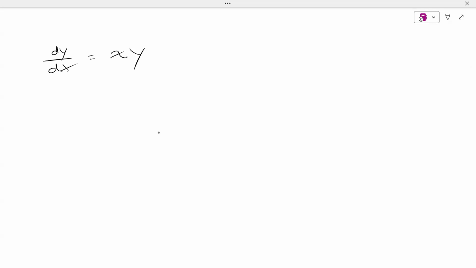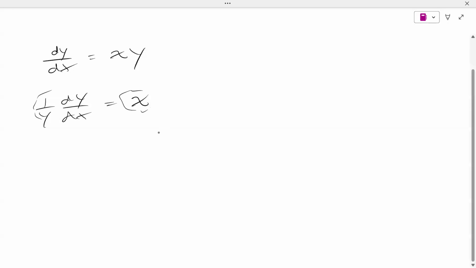How do we solve this? Well, maybe it's a good idea to still move the y term to the left side. So 1 over y dy over dx equals x.